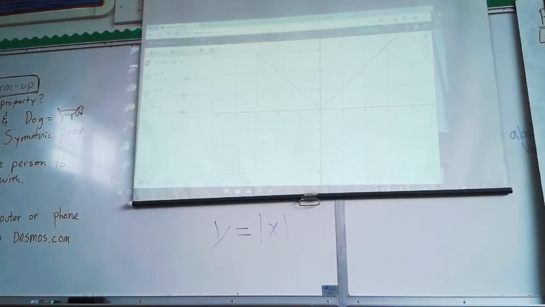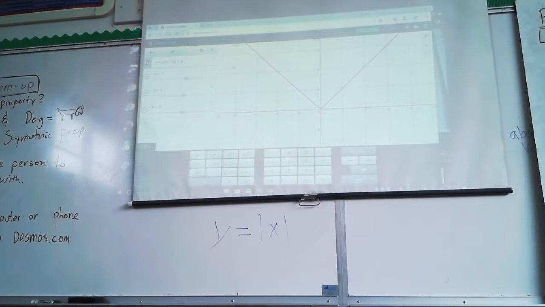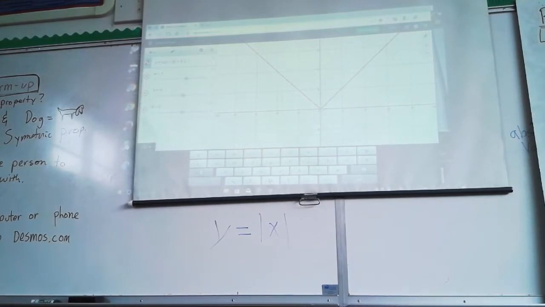All right, here we go. So one other thing we can add are domains. Now watch this. At the top of my function up here, I'm going to put a space. I'm going to go down to my ABC, and I'm going to choose this bracket. Now watch this. I'm going to put in here, let's see, -1 is less than x is less than 2.